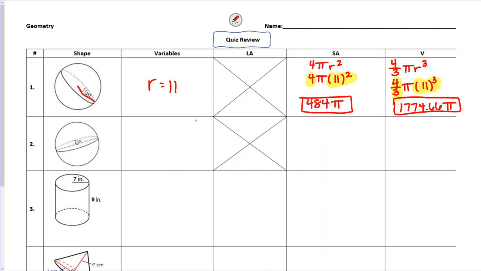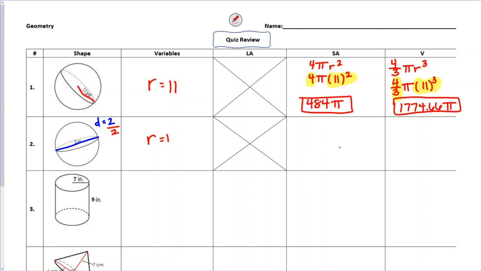Okay, problem number 2. We have another sphere. We need our radius. Our picture, though, has the diameter because it goes across the whole circle. So our diameter equals 2. In order to find our radius, we have to divide that by 2. 2 divided by 2 is 1. Now we have the radius. We can go to our formulas.